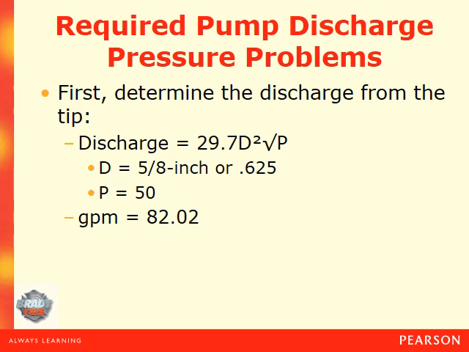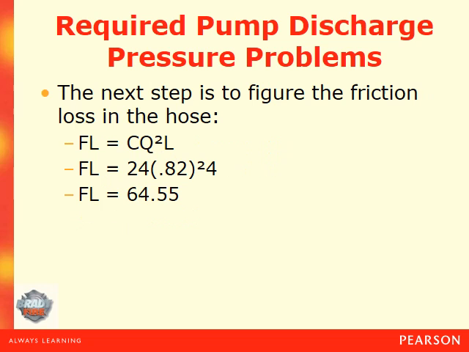Now we have to figure out the friction loss going through the line while we're flowing 82.02 gallons per minute. And I always tell people, to me, it's easier if we start at the nozzle and work our way back, figuring all the various components, and then, of course, add them all up at the end.